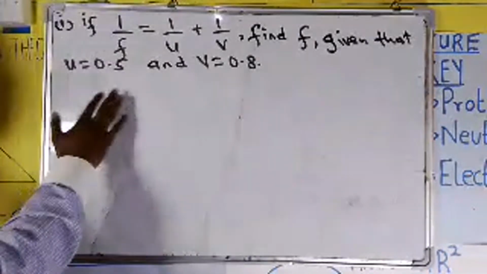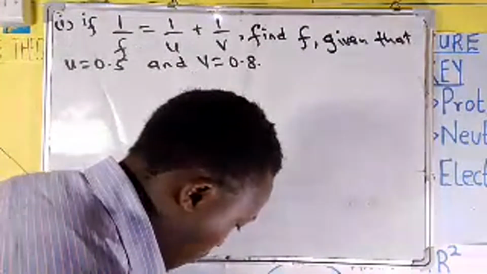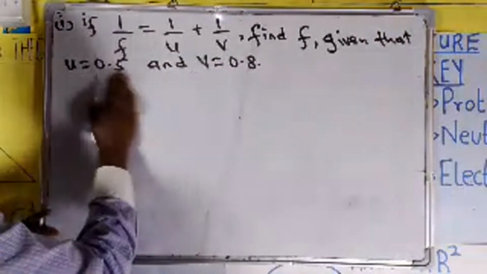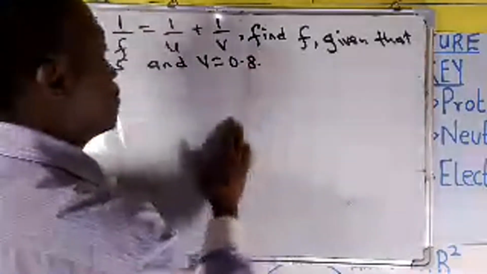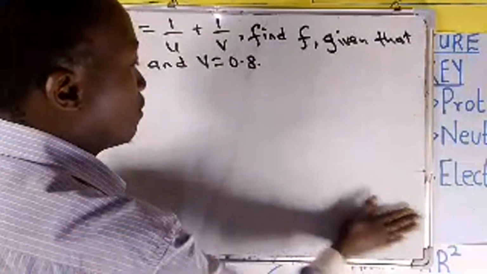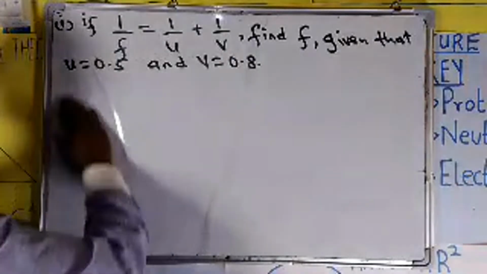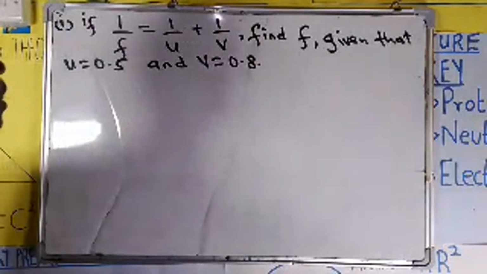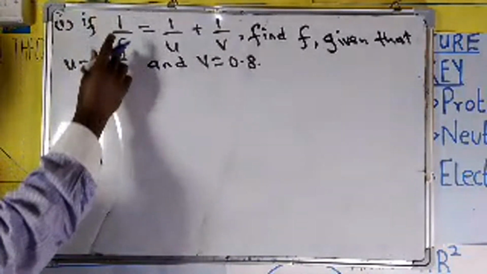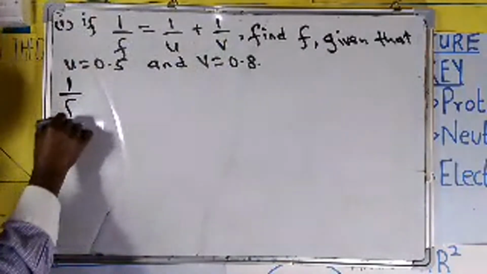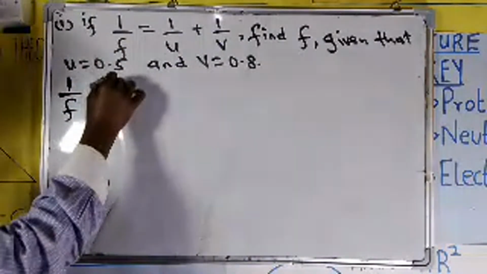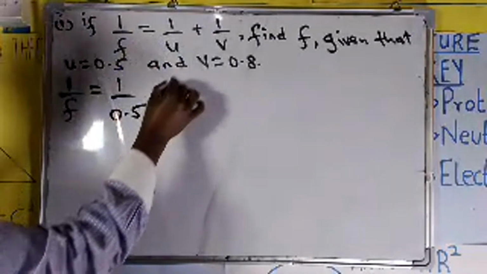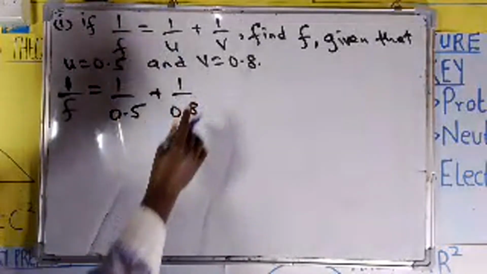So given such, we will say 1 over f, we don't have f, so it will be 1 over f is equal to 1 over u, our u is 0.5, plus 1 over v, 0.8.